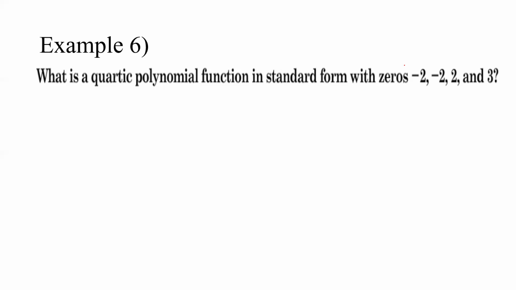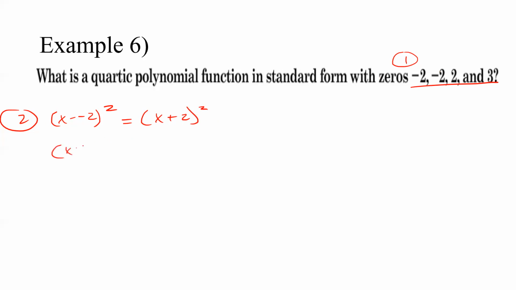So step 1 is identified. Step 2 is to write them as linear factors. So I have x minus -2, and I have two -2's, so this is x minus -2 squared, which gives me x plus 2 squared, because a negative times a negative is a positive.